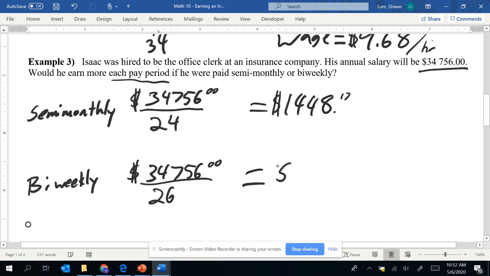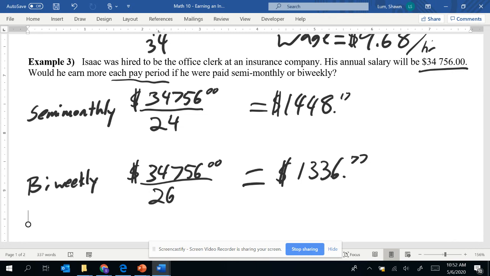And then these checks right here would be $1,336.76.9. I'm going to round that up to 77 cents. Okay. So they get paid more per pay period with this one right here.